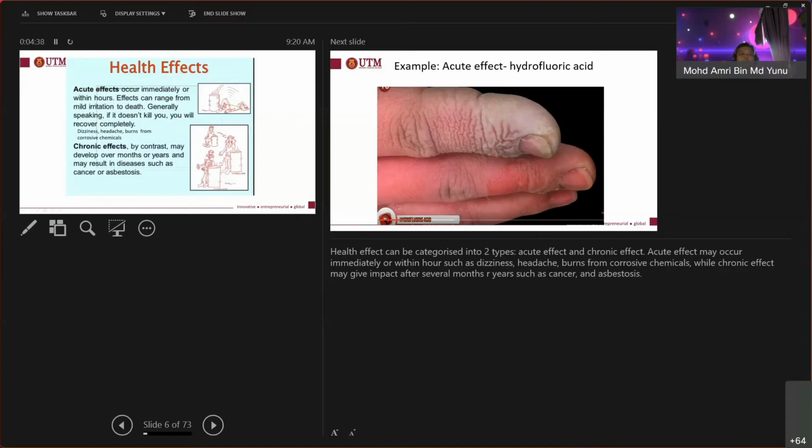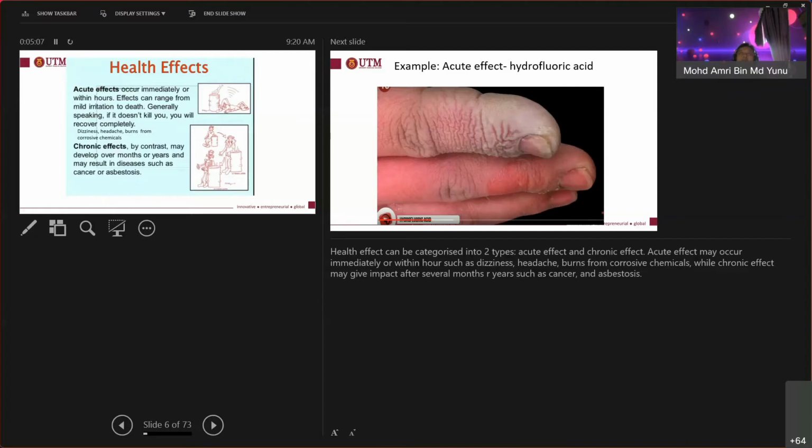Some people, when they inhale the fume, could get dizziness and headache immediately. And then another type is chronic. Chronic basically develops over time. Maybe not now, but after 10 years, 20 years.